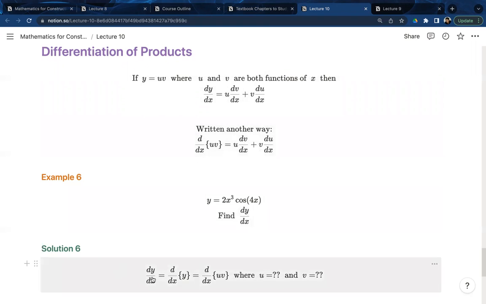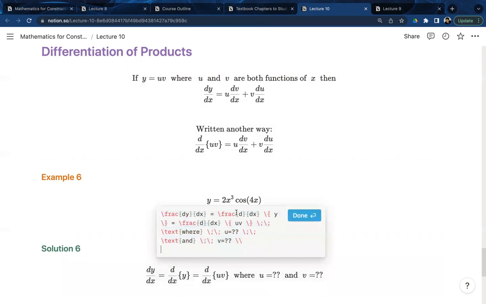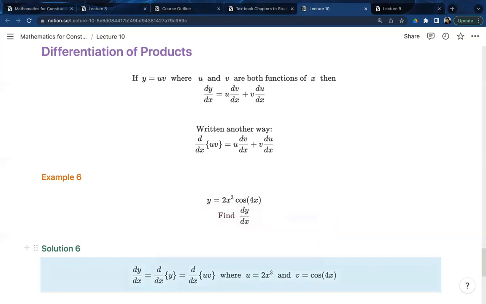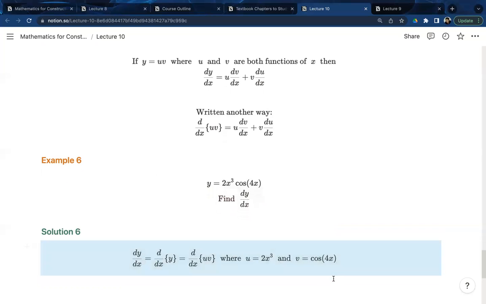In our solution, we will say dy/dx is the derivative of y with respect to x, which is uv, where u is 2x cubed, right? And v is cosine 4x, right? That's u and v.